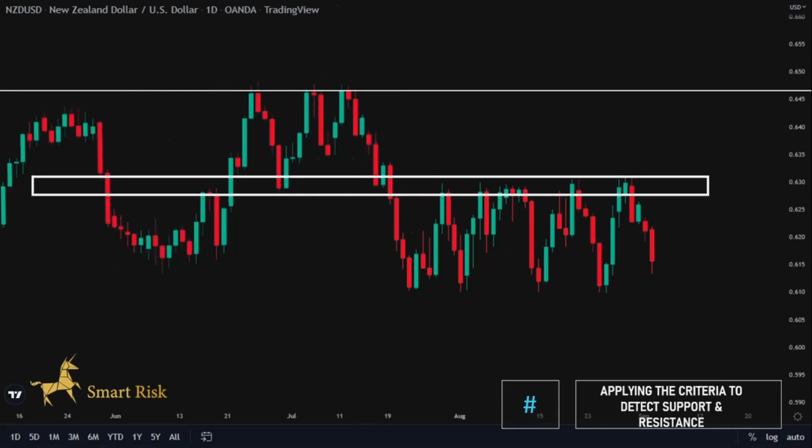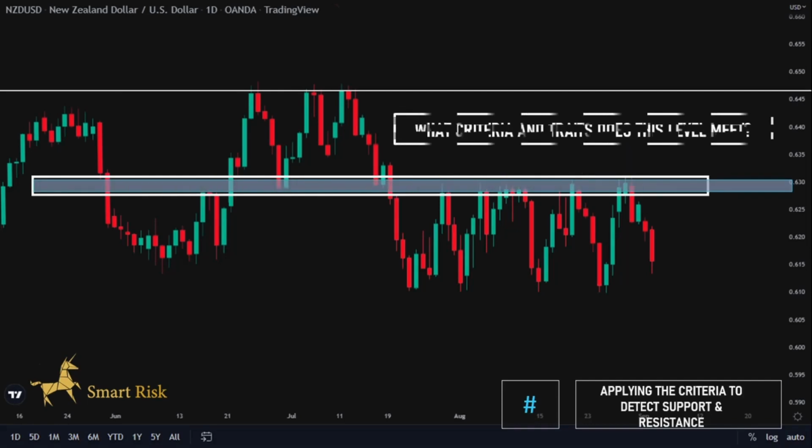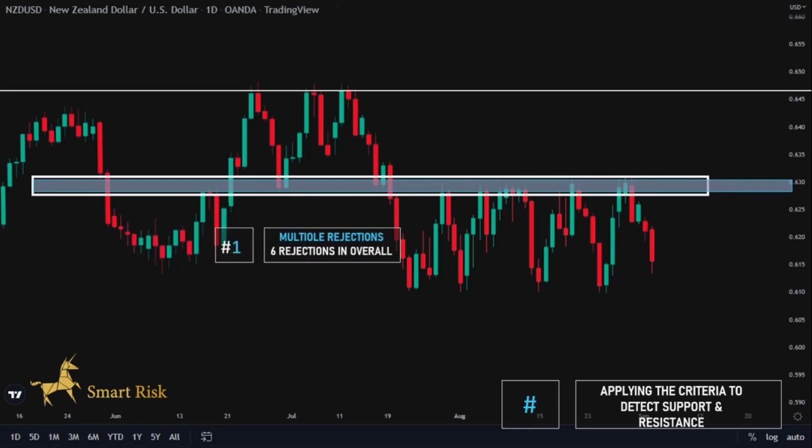The next level we spot is this level, with 6 rejections. Rejection 1, Rejection 2, Rejection 3, Rejection 4, Rejection 5, and Rejection 6. So again, what traits and criteria does this level meet that makes it a good level? 1. There are multiple rejections of this level, 6 rejections overall. 2.